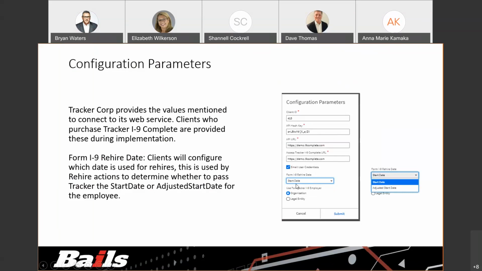One thing to consider when you're doing I-9 is the Form I-9 rehire date. Whatever date you're using for rehire, whether it be the start date or adjusted start date in GHR, you would need to determine what date you're using for rehires. So you would go in and select either the start date or the adjusted start date for that.